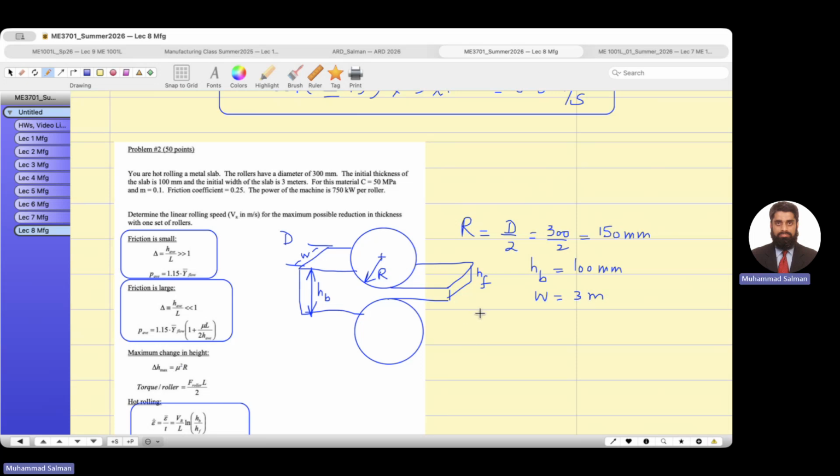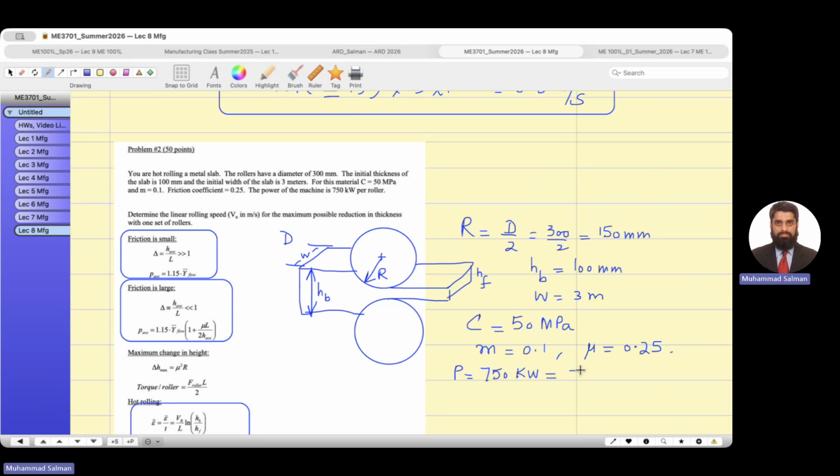The material has the strength coefficient C of 50 megapascals, and the index M equals to 0.1. Coefficient of friction is 0.25, and the power is given 750 kilowatts.